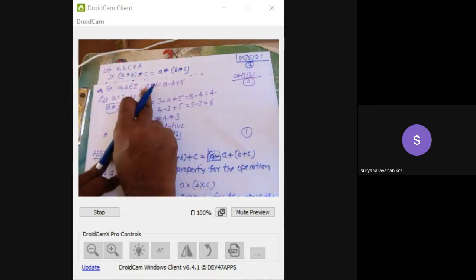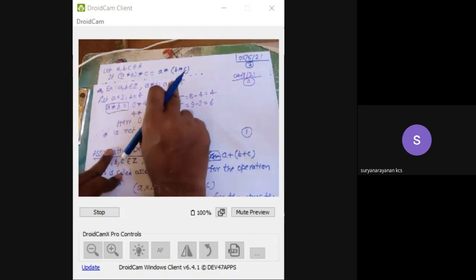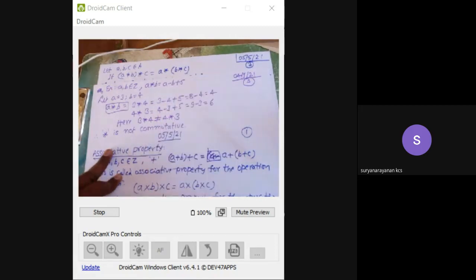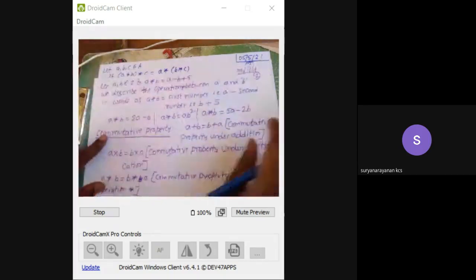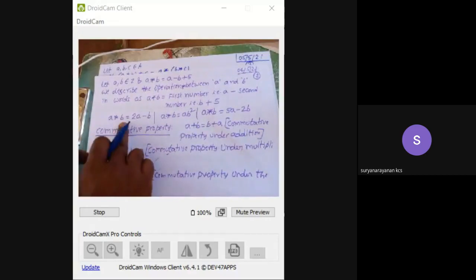Keep this point in your mind. B means the second number. How did they define the star operation between these two numbers? First number minus the second number plus 5. Yesterday we discussed that point. Similarly, we took some examples. A star B: how do you describe this operation in your own words?